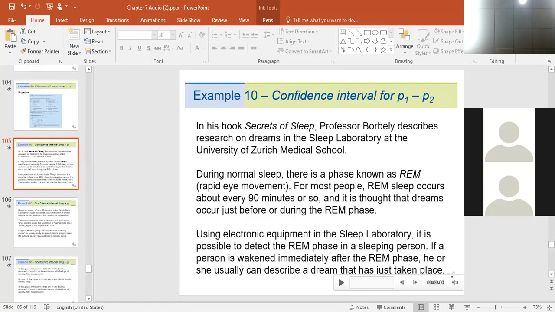That is E. And you do P hat 1 minus P hat 2, minus E, and plus E, for P1 minus P2. This is the point estimate plus or minus E. It's exactly the same thing, but we change mu to P.